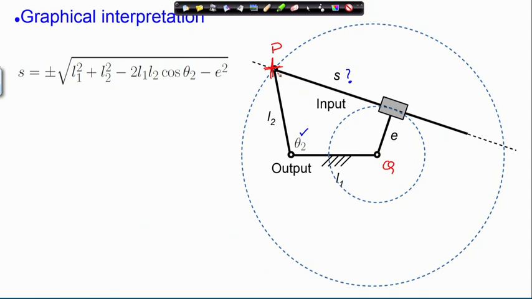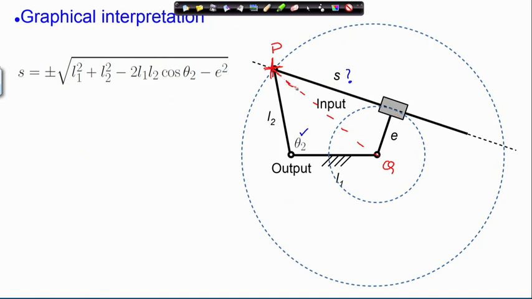Since P is fixed, this line PQ gets fixed at this. Now, how do I find out S?